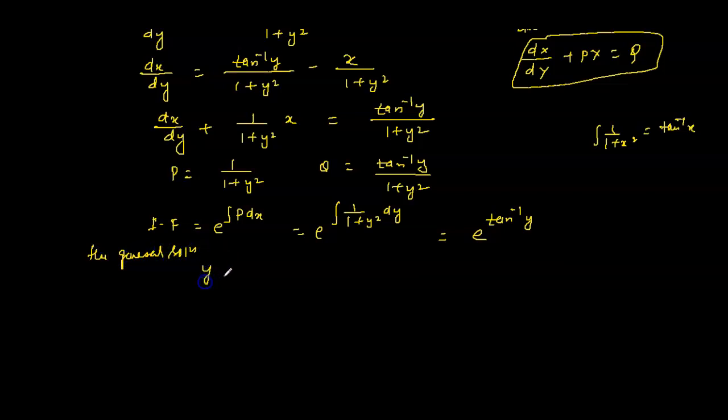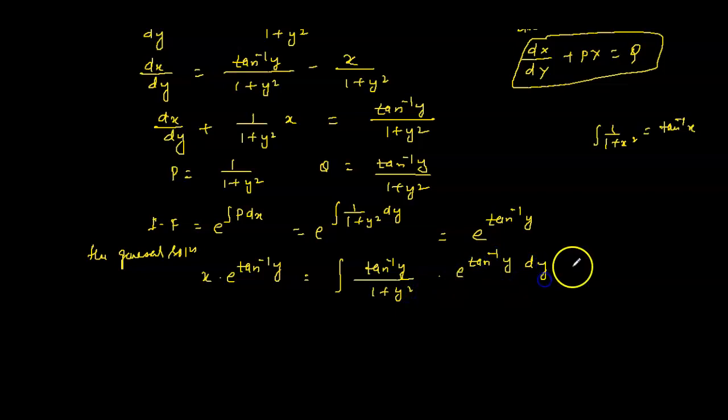So the general solution I can write here: in the usual form it is y into the integrating factor, but here the variable is x. So x into the integrating factor e to the power tan inverse of y is equal to the integral of Q into the integrating factor, where Q is tan inverse of y by 1 plus y square, into e to the power tan inverse of y dy.